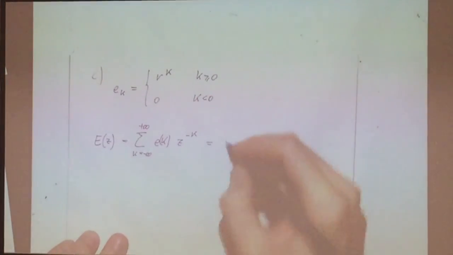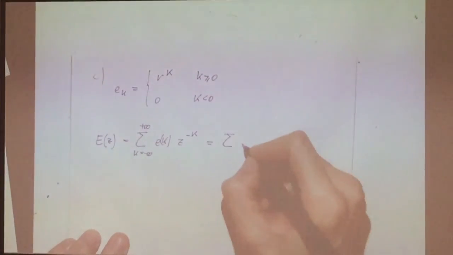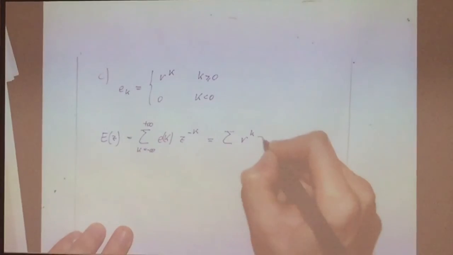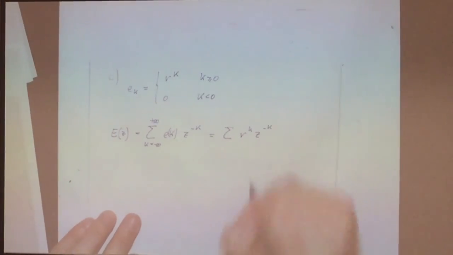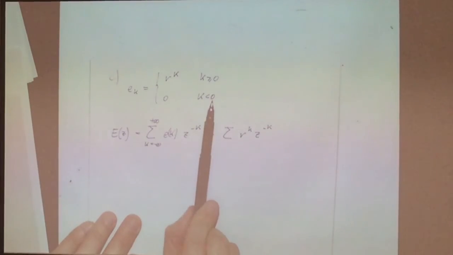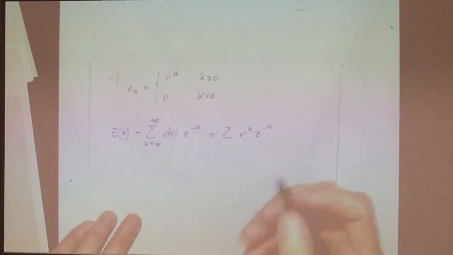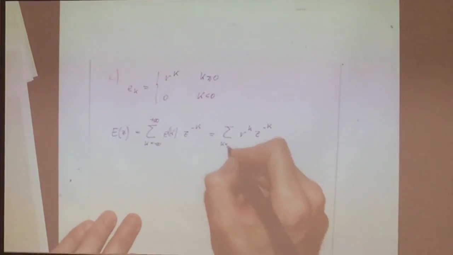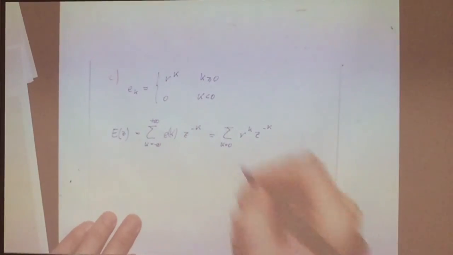ek is r to the power of k, so this is the summation of r to the power of k, z to the power of minus k. However, my signal is 0 for negative k's, so I can discard them from the summation and say that the summation starts at 0 and goes to plus infinity.